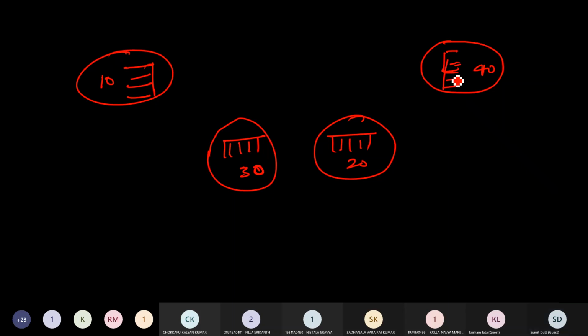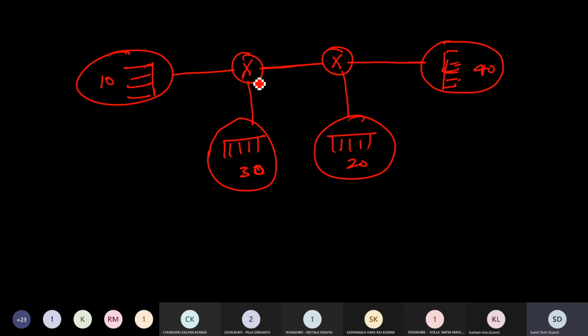Okay, so these four networks are connected with two routers. This is connected like this, and these two routers are connected with each other, right? So how many networks can you see here? How many networks are required?